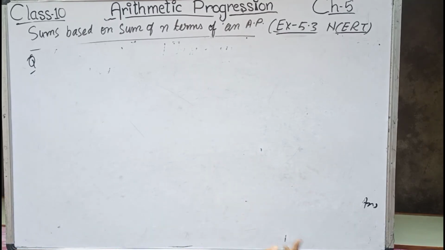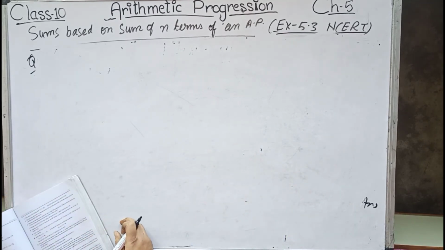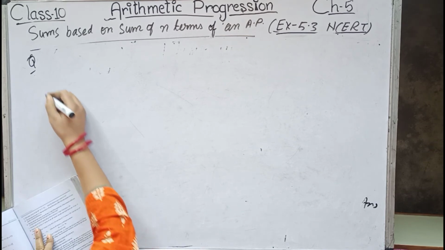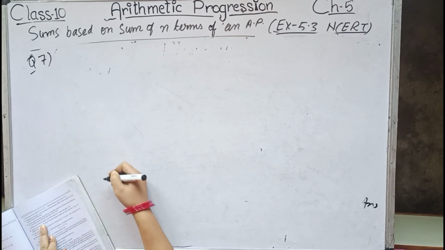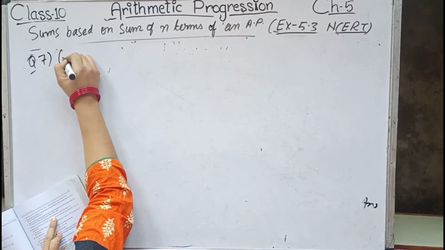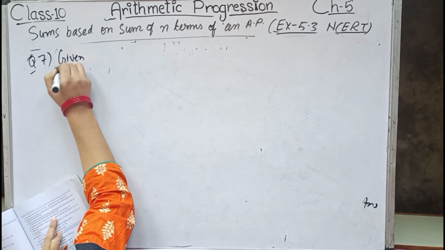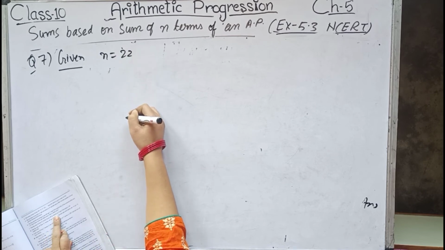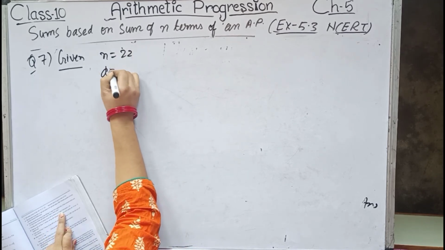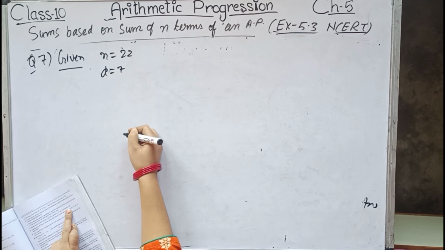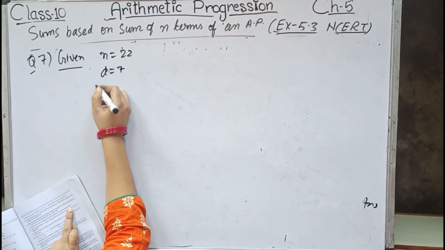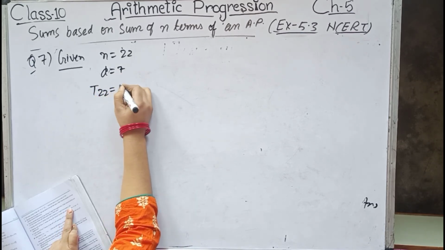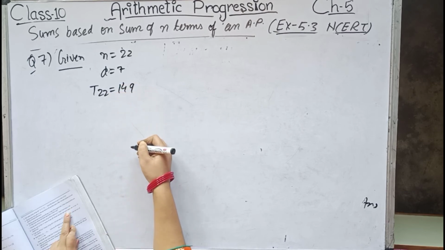Question number 7. Find the sum of the first 22 terms of an AP. So I'm writing the given part only. Given n equals 22, in which d equals 7, and the 22nd term T22 equals 149.